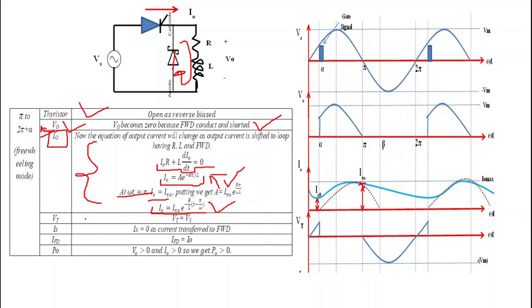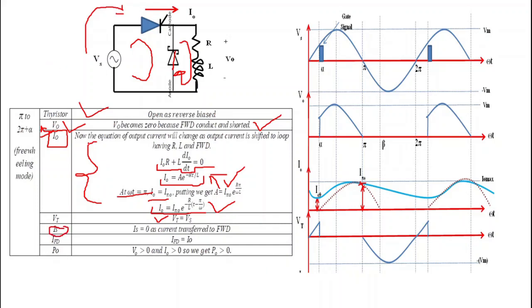Okay, now what is the drop across thyristor? We know that from pi to 2 pi plus alpha, thyristor acts as open circuit. That's why the source voltage will appear across this thyristor. If you apply KVL in this loop, then you will get Vt equals Vs. So the source voltage will appear across this thyristor from pi to 2 pi plus alpha. Now what is source current Is?